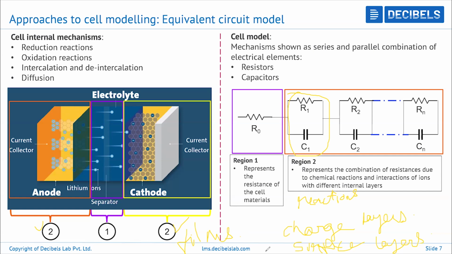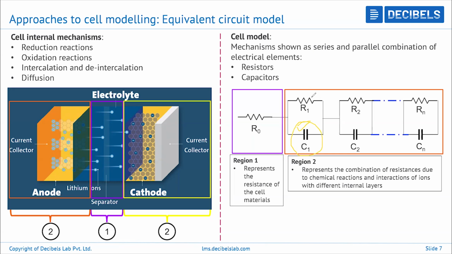All of these combined together contribute to the chemical resistances. So that is how we represent the chemical reactions related resistances, utilizing a pair of R and C, that is resistance and capacitance. Capacitance, because it has something to do with the charge. There is a certain accumulation of charge within the anodes and cathodes. That will be represented as the capacitance C, which you can see here.